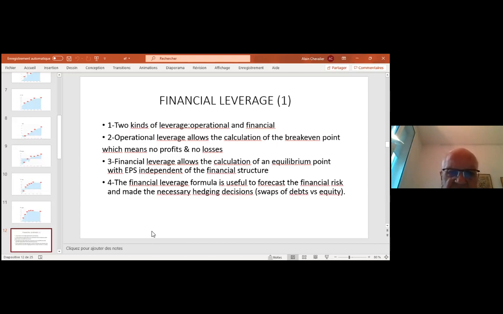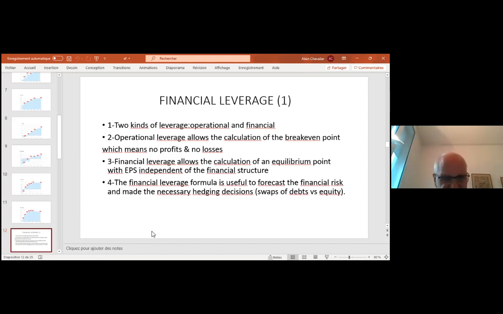We will see that we are able to aggregate these two measures, and that the financial leverage formula is particularly useful to forecast the financial risk and make the necessary decisions, which can be to decrease, if possible, the level of debt, or to hedge this level of risk using swaps of debt versus equity, for example, or using convertible bonds.